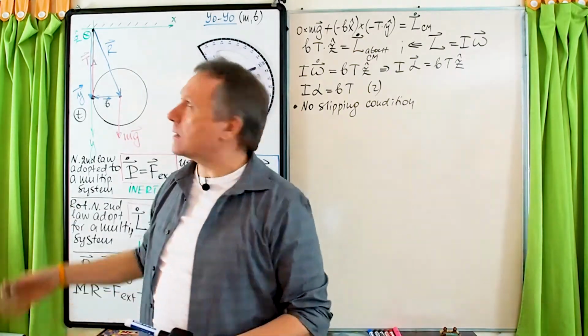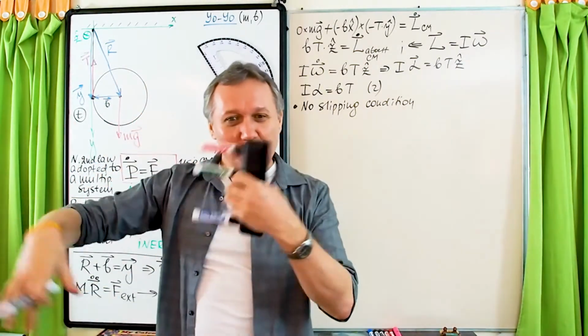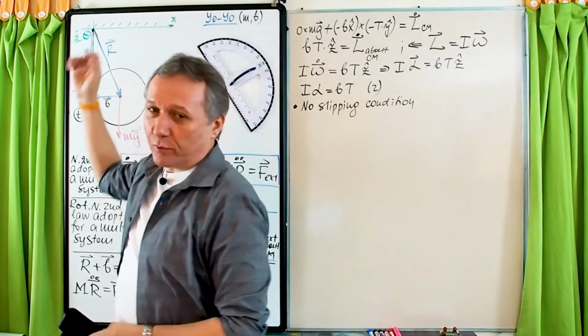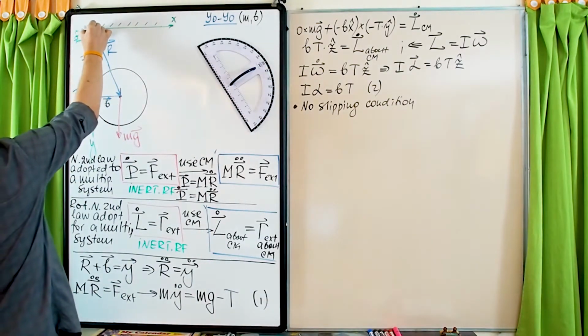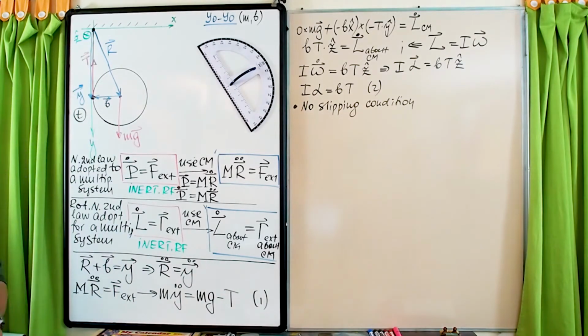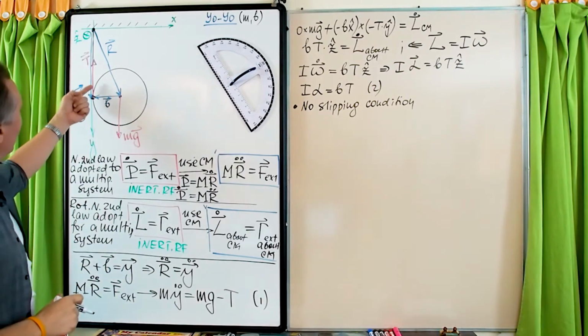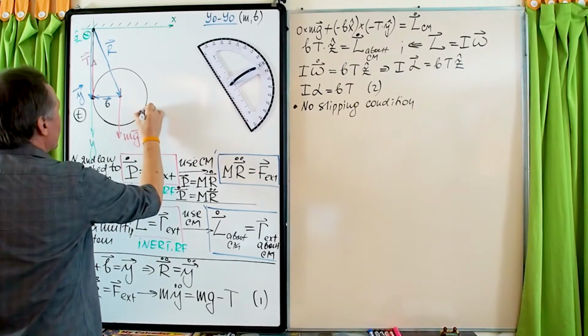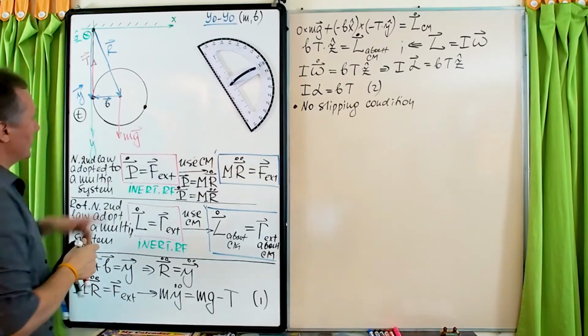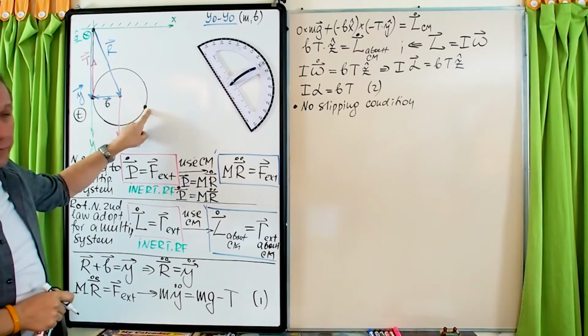Or if you don't like it, how to make it work mechanically, you can imagine that the point of contact was there. Not a big deal. And on the disk, the point of contact at t equals 0, let's assume was here.